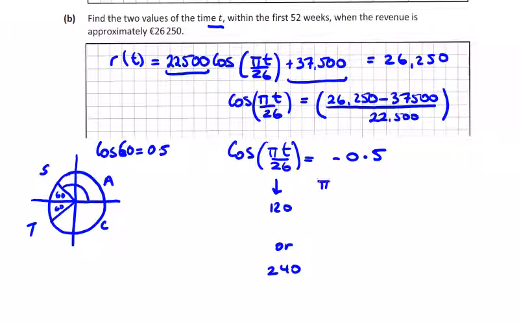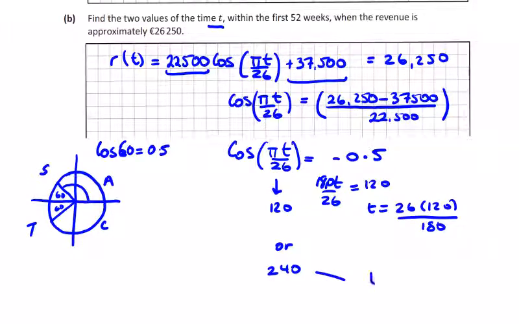So we would say pi T over 26, well pi is 180 in this case to get the angle, 180T over 26 is equal to 120. So T is equal to 26 by 120 over 180. And similarly down here we can just replace the 120 with the 240. T will be equal to 26 by 240 over 180.